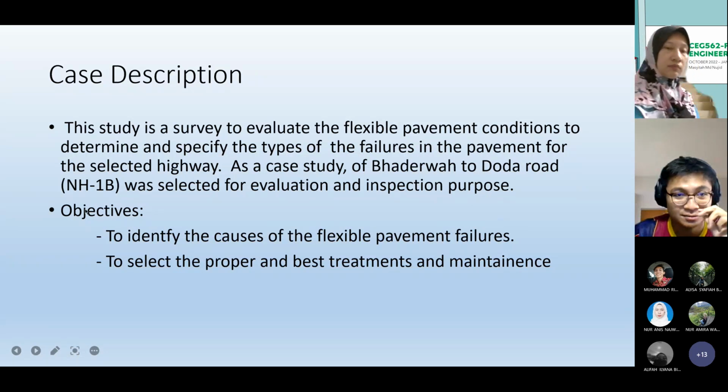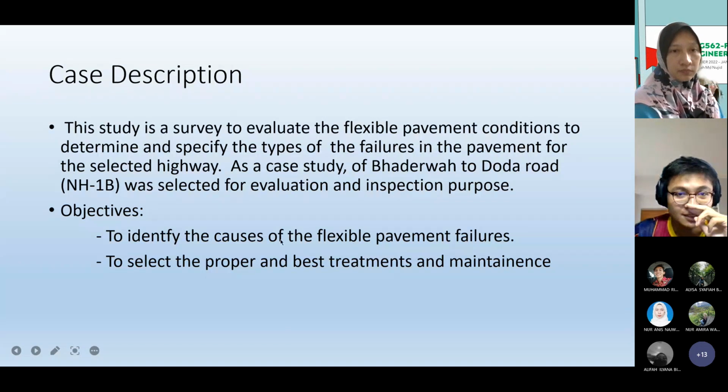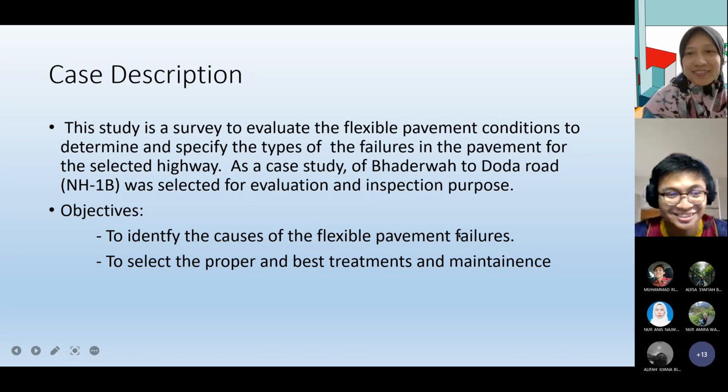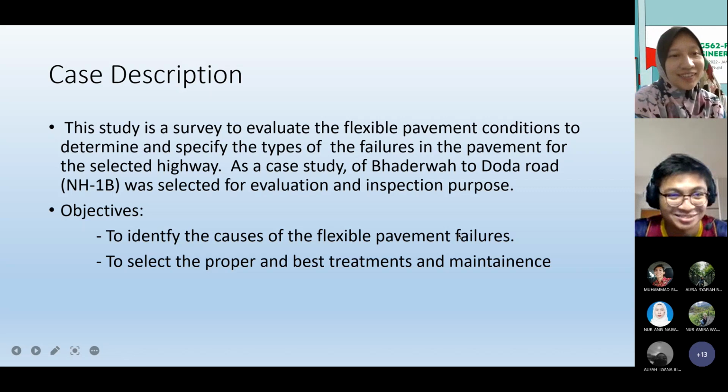The first objective of this study is to identify the causes of the flexible pavement failures. The second objective is to select the proper and best treatments and maintenance to solve the failures.